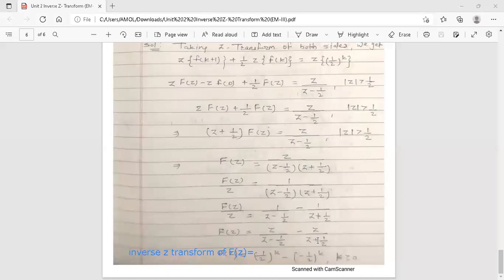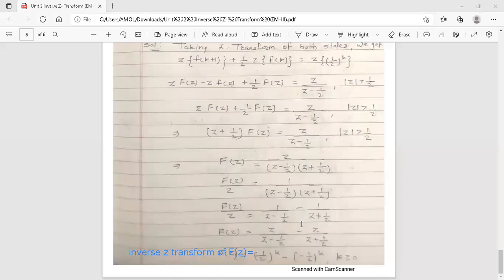Z plus half we can write as z minus of minus 1 by 2. So it is minus, bracket, minus half raised to k, where k is greater than or equal to 0.